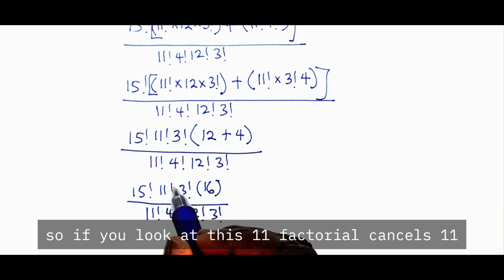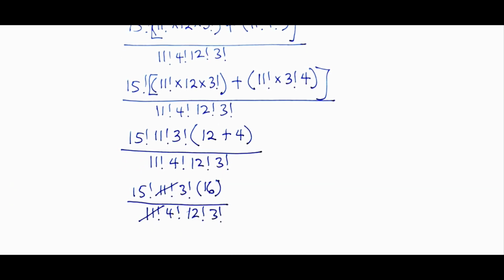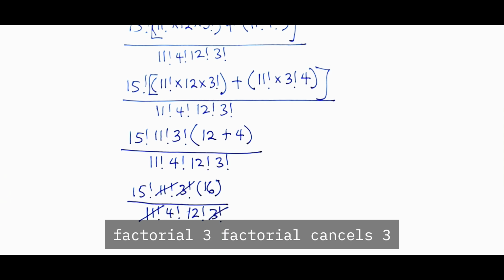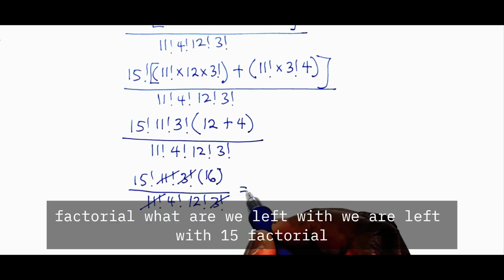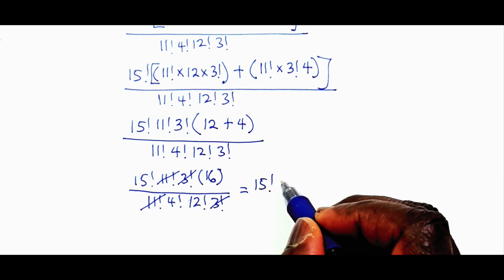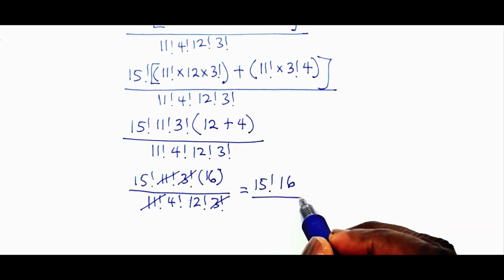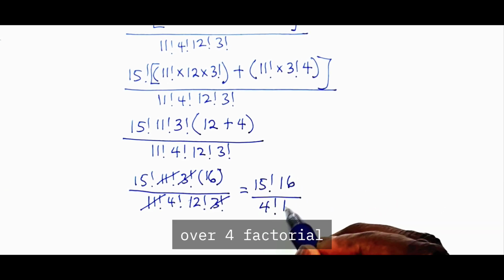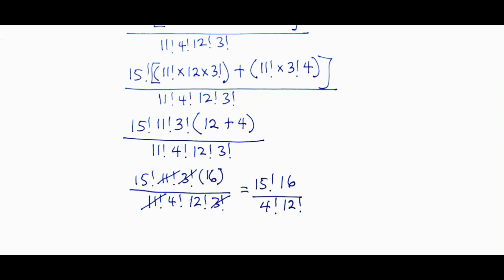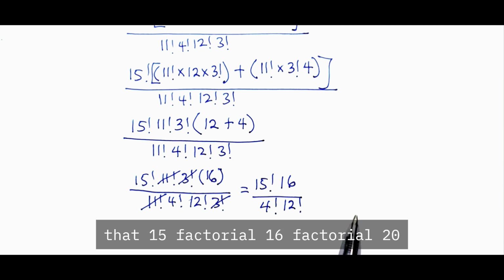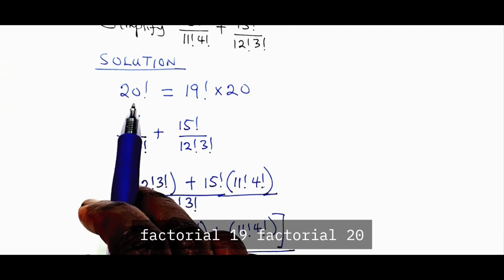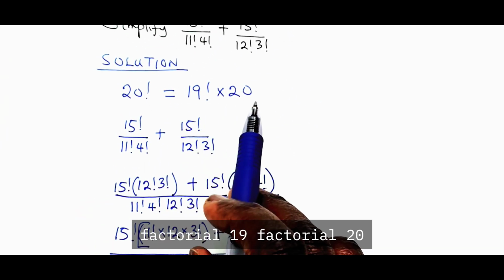So if you look at this, 11 factorial cancels 11 factorial, 3 factorial cancels 3 factorial. What are we left with? We are left with 15 factorial times 16 over 4 factorial 12 factorial, right? And something should come into our minds that 15 factorial times 16 is 16 factorial, just like 20 factorial is 19 factorial times 20.